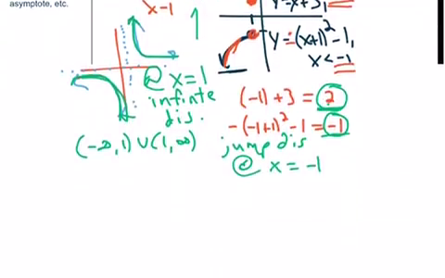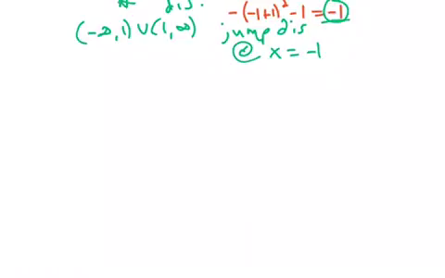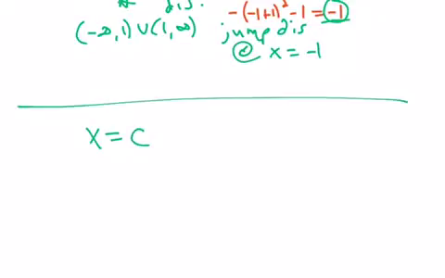So at the bottom of the page, and we'll come back to the other one in a second, it says point of discontinuity. So basically, if you say x equals c, and you do f of c, and if you get a number, and only one number, and it's a real number, then it's continuous at that point.